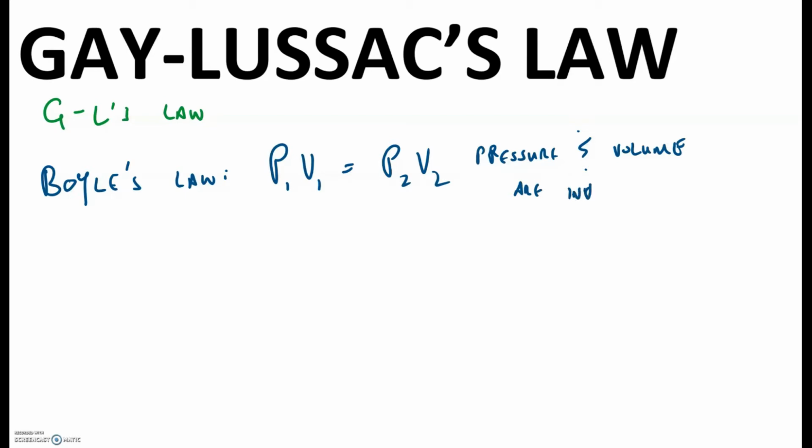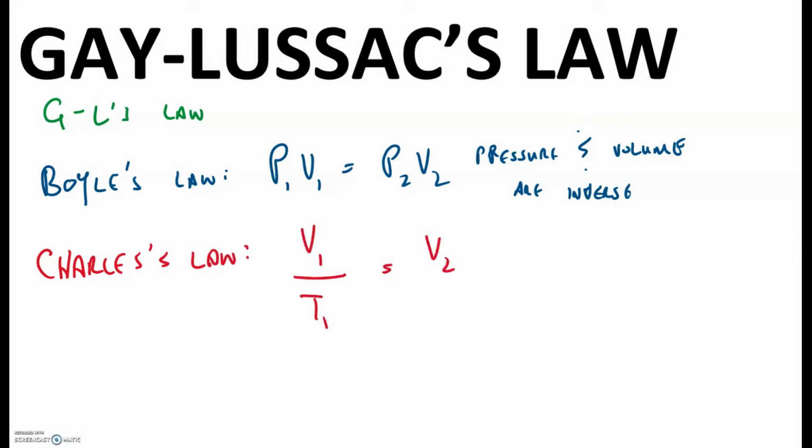We also studied Charles' law, which is a simple mathematical relationship. It says V1 over T1 equals V2 over T2. And what this says is that volume and temperature are direct, meaning a direct relationship.